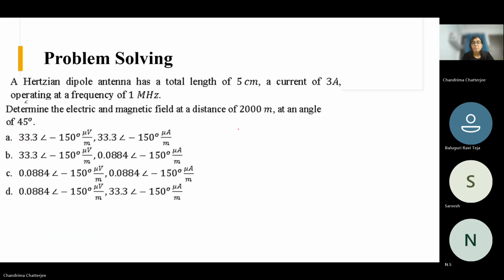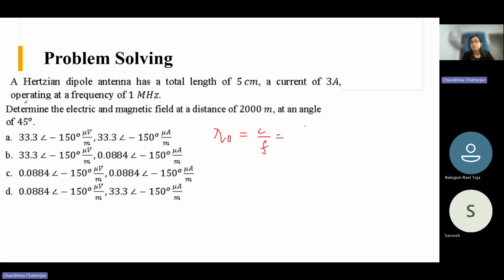So we have all this data. Now we will calculate one by one. First, let's calculate lambda naught, which is the wavelength. We calculate it by C by F, where C is the velocity of light and F is the operating frequency.